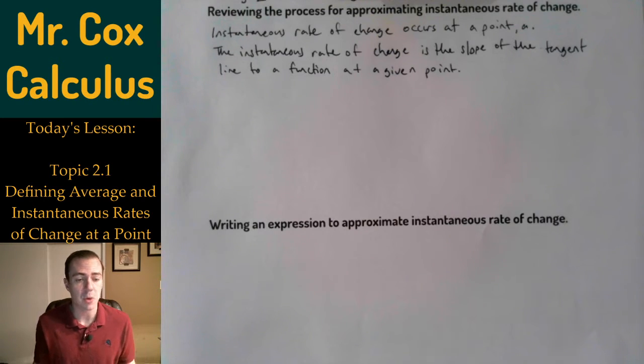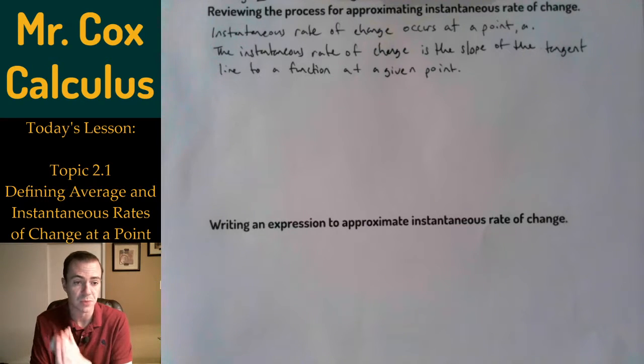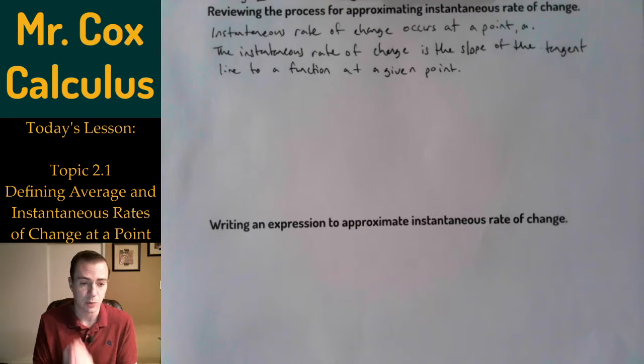Now, if you recall from our topic 1.1 in this class, we did this using some very tedious tables where we were basically taking the average rate of change, but we were making that interval smaller. The takeaway was we wanted to have the smallest delta x that we could.